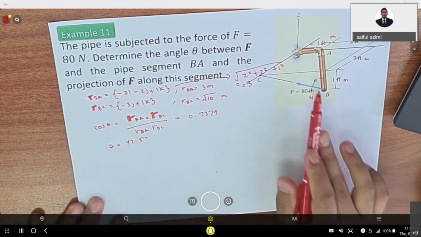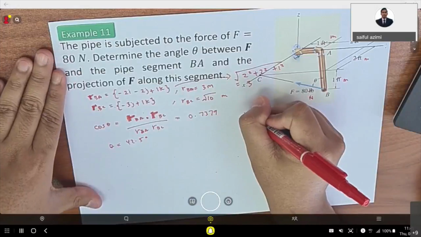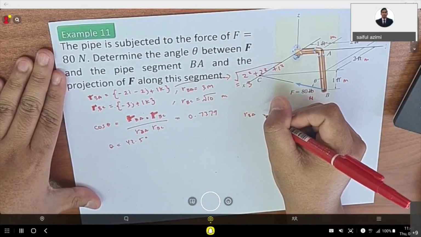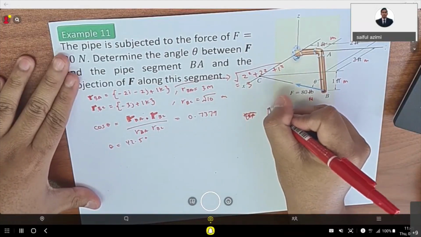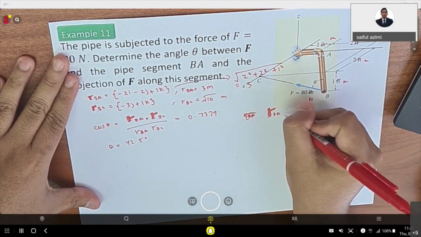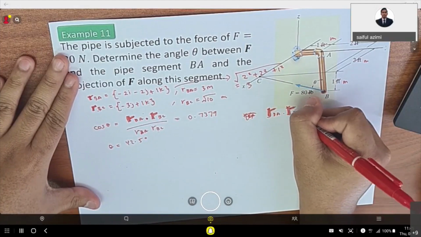So this is the way that you find theta, which is the angle between the two vectors, by using the equation of the vector RBA dot vector RBC.